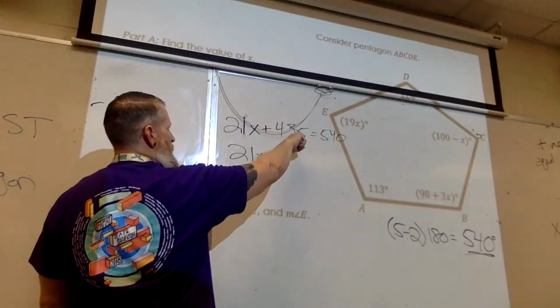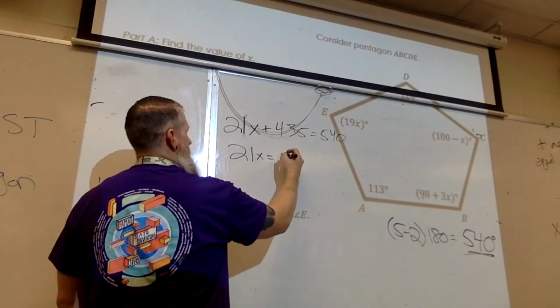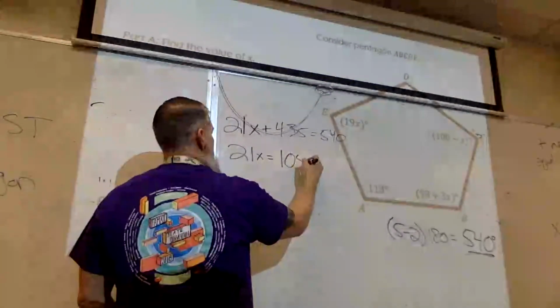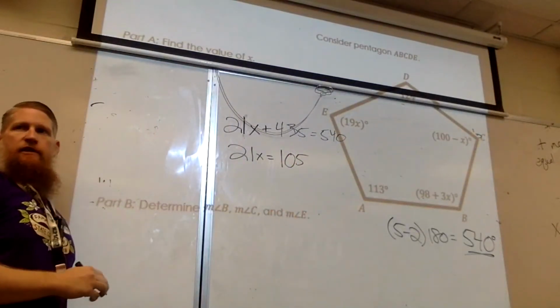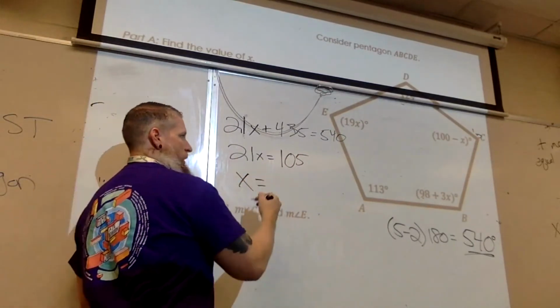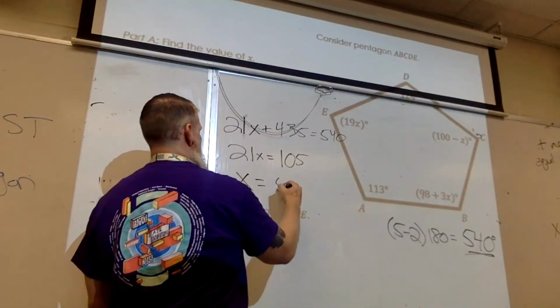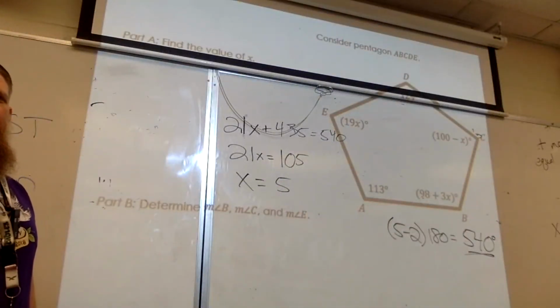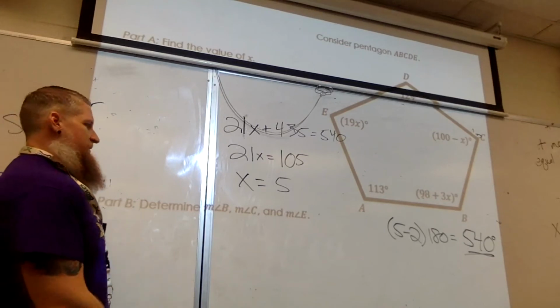And then I need 540 minus 435, which is 105. And then 105 divided by 21 is 5.